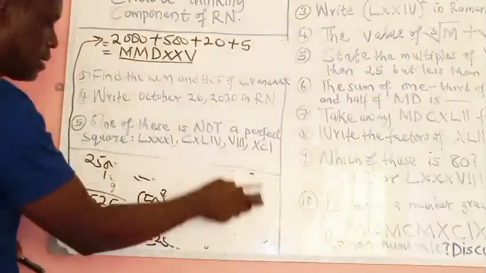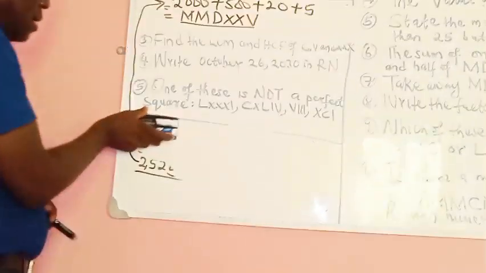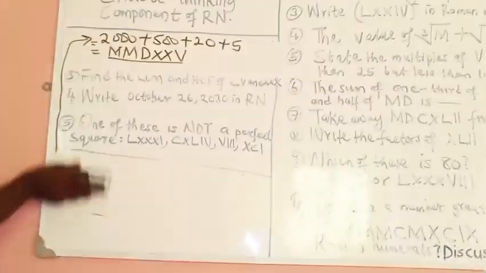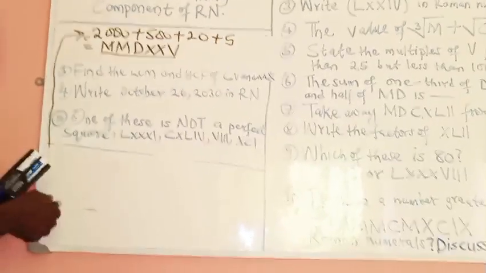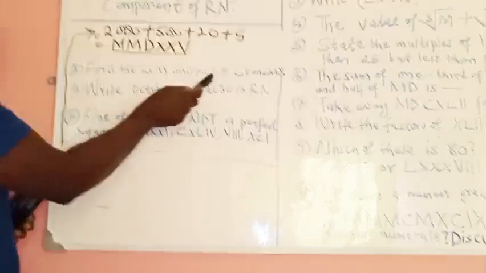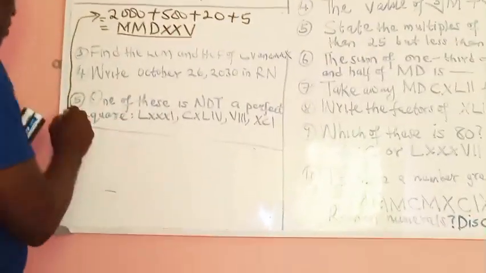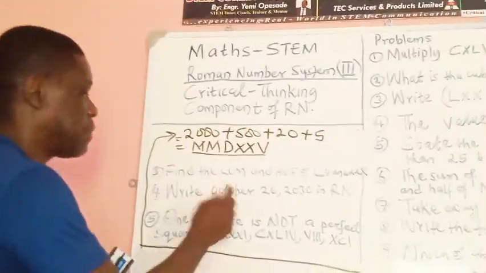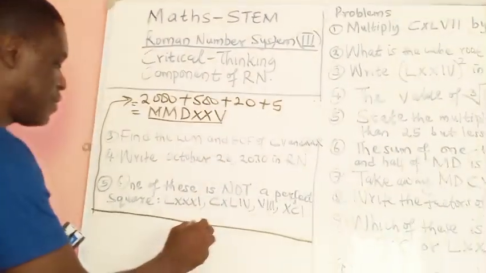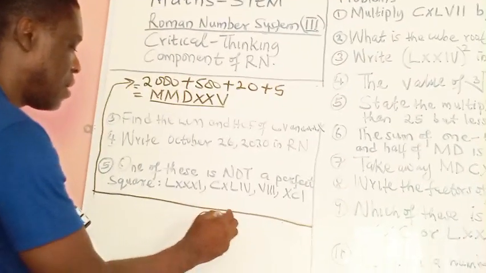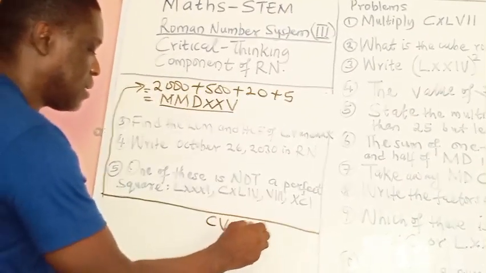Let me start the cleaning from here, in case you are still writing this. And then I will leave that one later to clean this later. Now, find the LCM and HCF of CV and XX. You see that? Lowest common multiple and highest common factor of CV and XX.